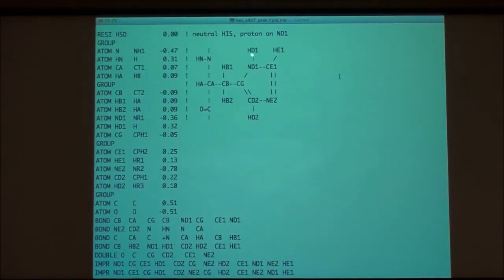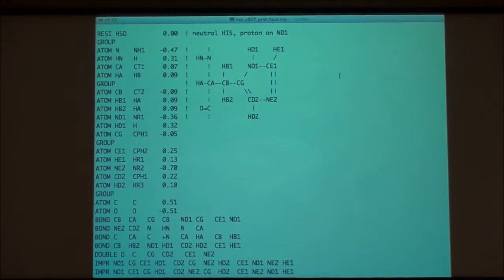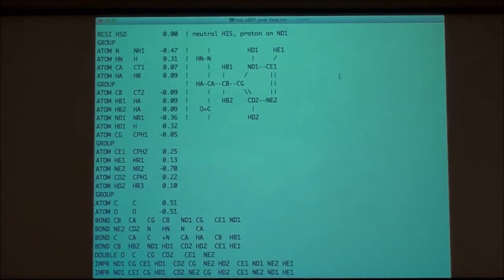You can place the hydrogen here, or you can place the hydrogen here. So it has two tautomers, so to say, two tautomeric states. So for that, you have different topologies, different configurations. Again, based on the local environment of that histidine, you can decide what tautomeric state or what protonation state might be the most representative.